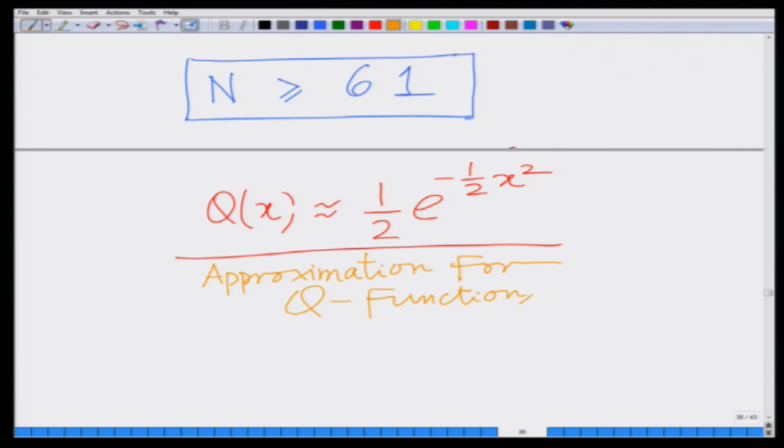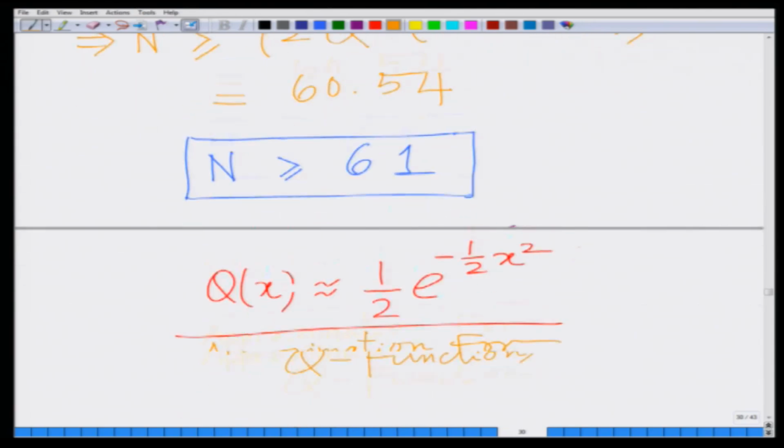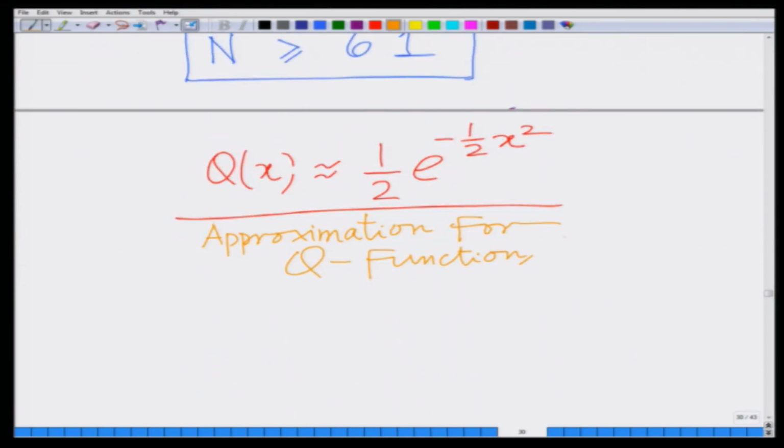This is an approximation for the Q function, and therefore now one can also use this approximation.